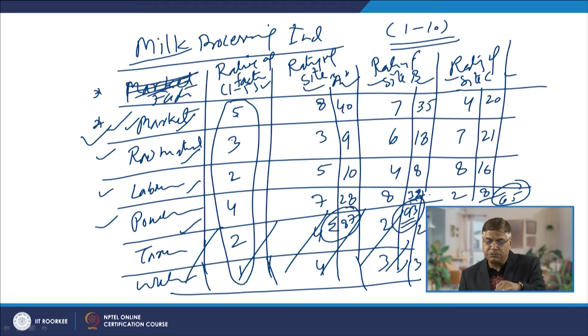So out of 3, site B will be an attractive choice, and we may think of choosing this site.